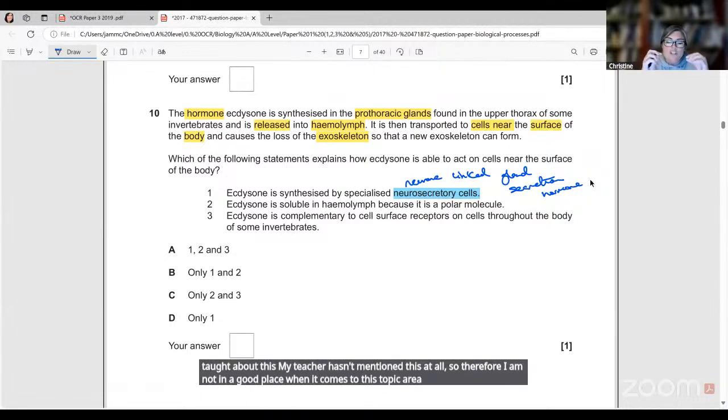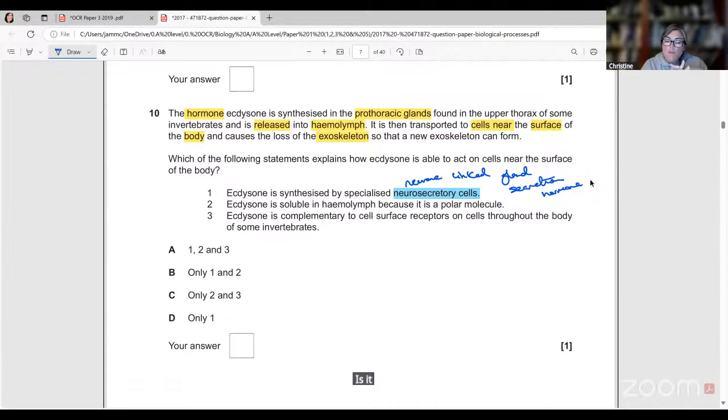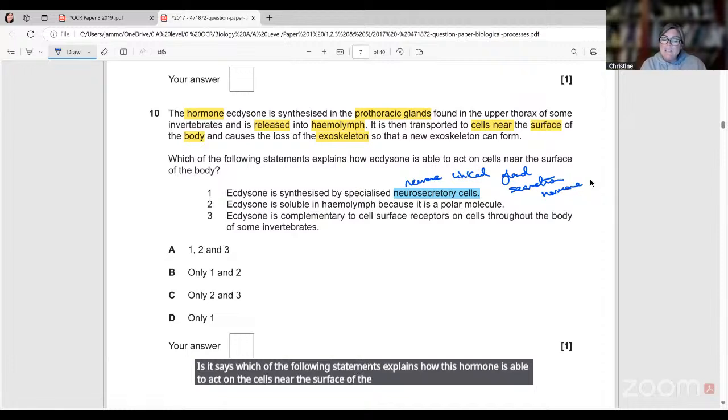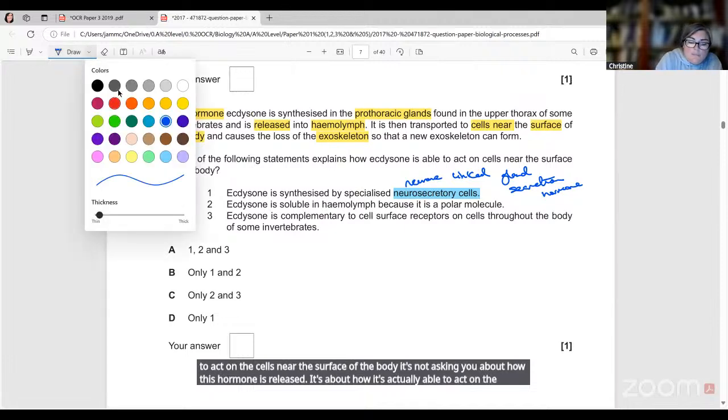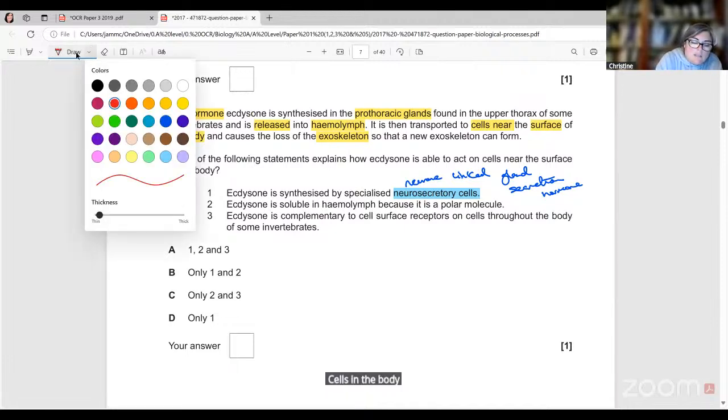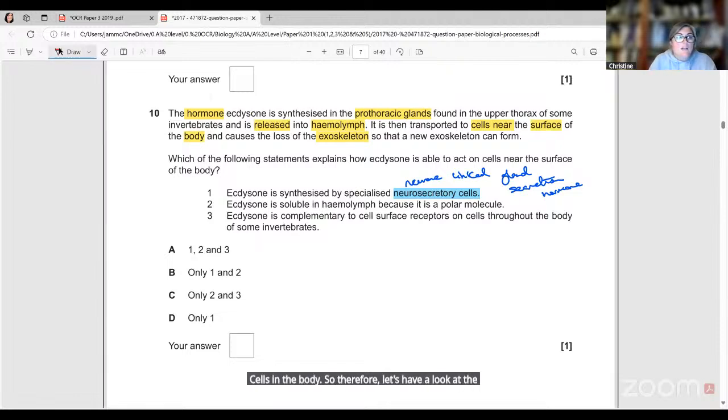But what the question actually says is, which of the following statements explains how this hormone is able to act on the cells near the surface of the body? It's not asking you about how this hormone is released. It's about how it's actually able to act on the cells in the body. So therefore, let's have a look at the rest of the information and see what they tell us there.